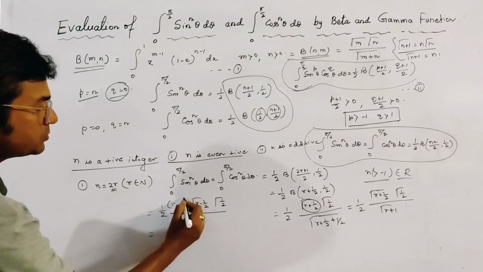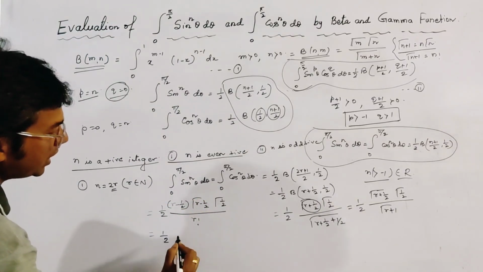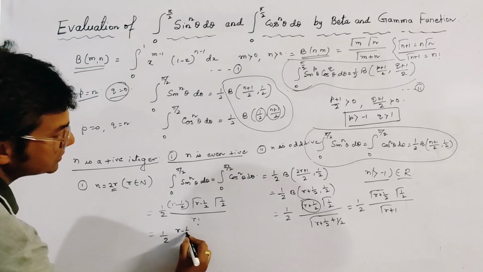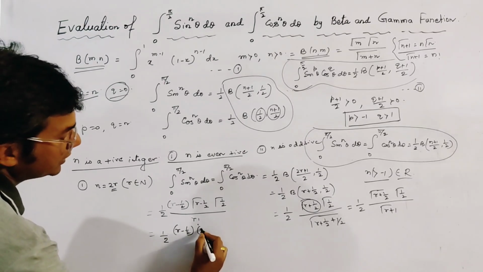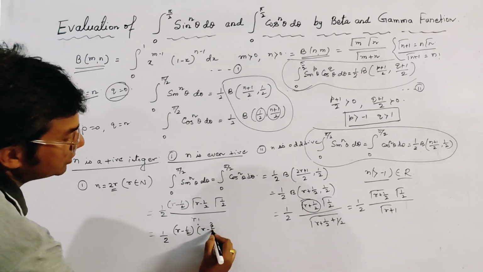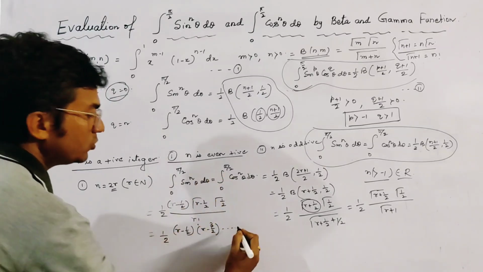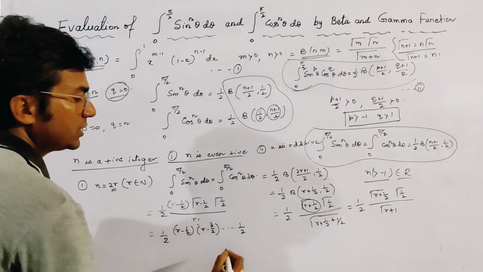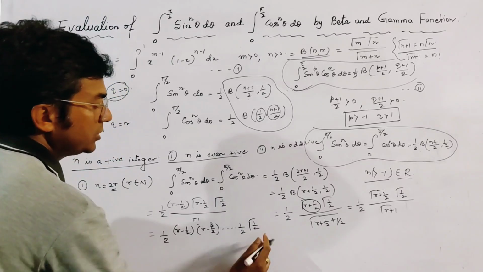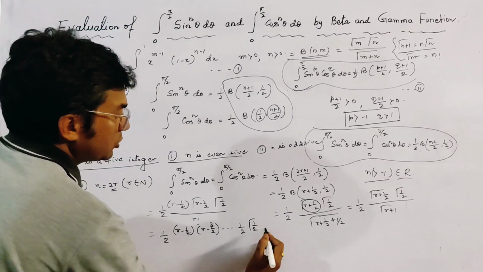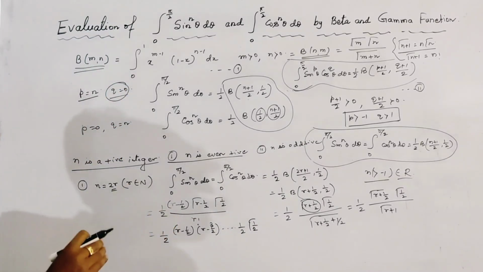Continuing this process, we get half into (r minus half) into (r minus 3 by 2), and the same type of expansion. The last term is half gamma(half), because r is a positive integer.